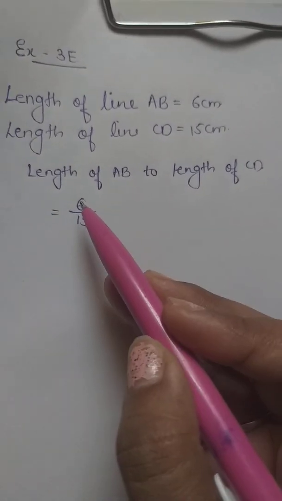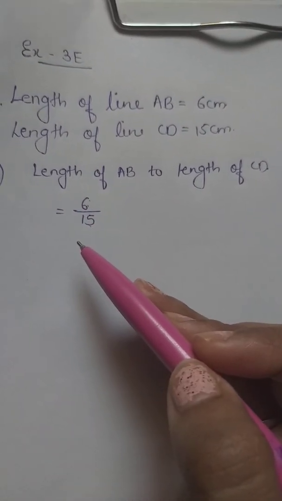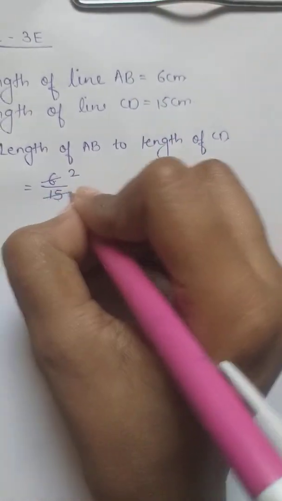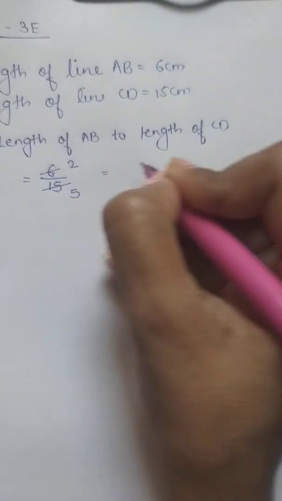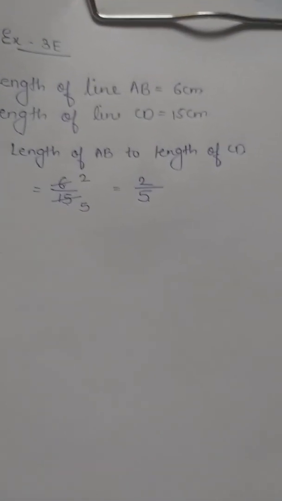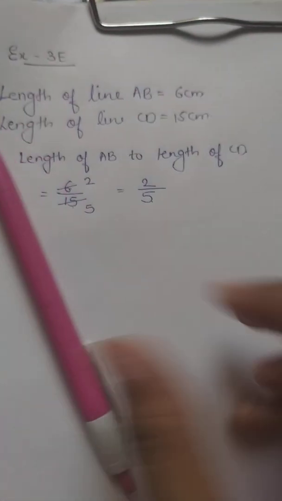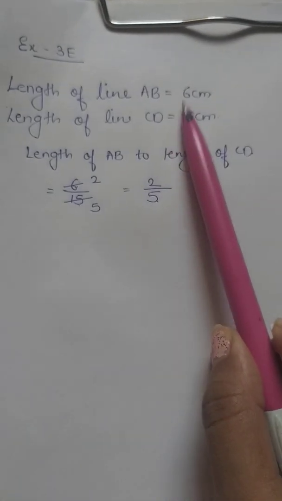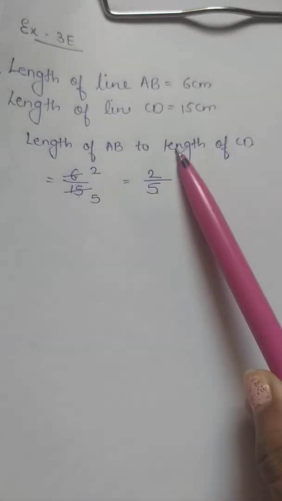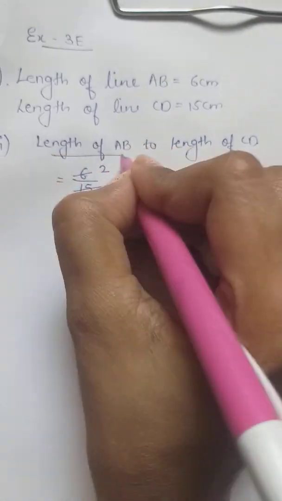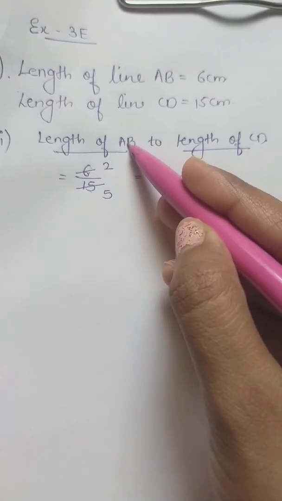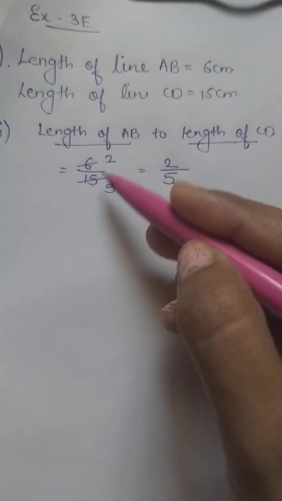Now if cancelling is possible, then make it to the lowest term. 3 2s are 6, 3 5s are 15. I can write 2 by 5. So the length of AB is 6, the length of CD is 15, and the length of AB to the length of CD is numerator 6, denominator 15.